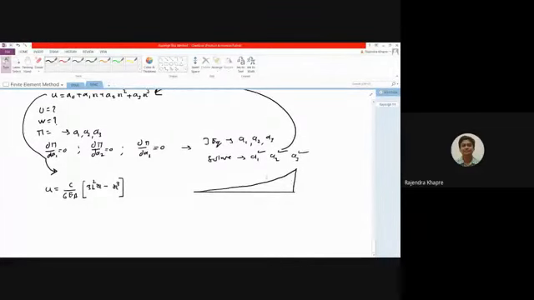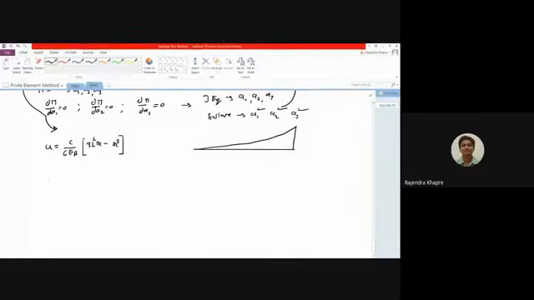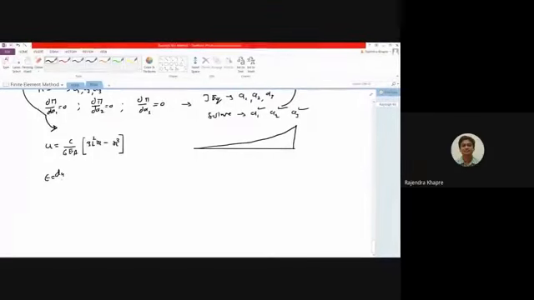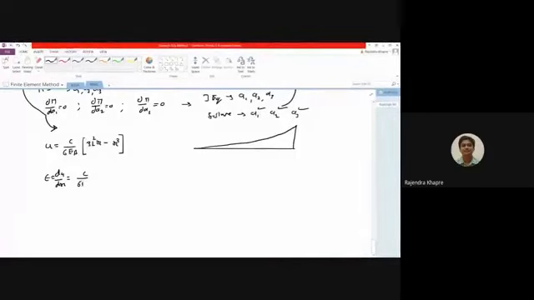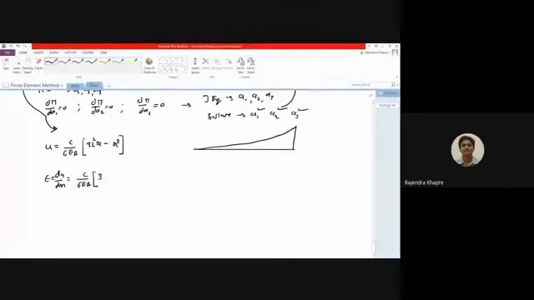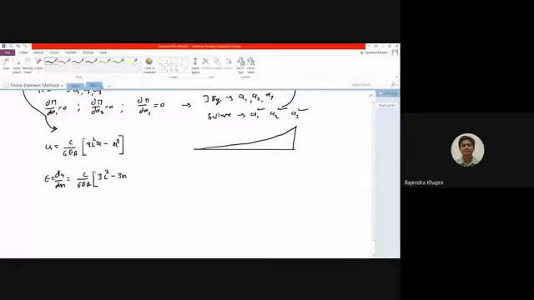Then if you take the derivative of this u with x, you are going to get the strain component. Strain is nothing but du by dx, and its value will be c divided by 6 times E into A multiplied by 3 times l square minus 3 times x square.